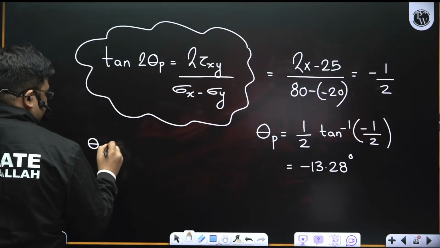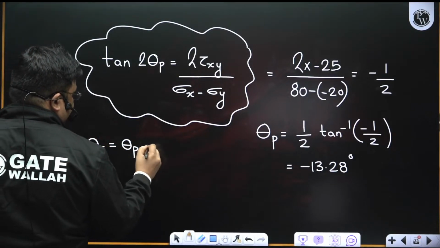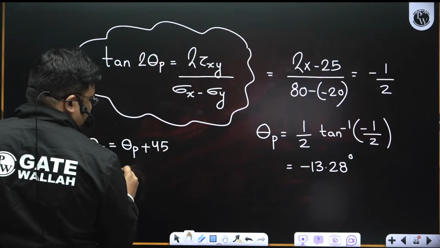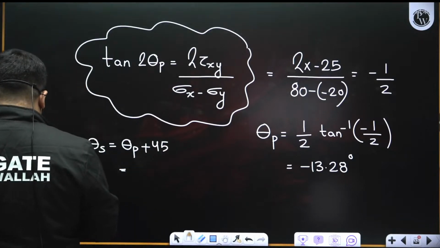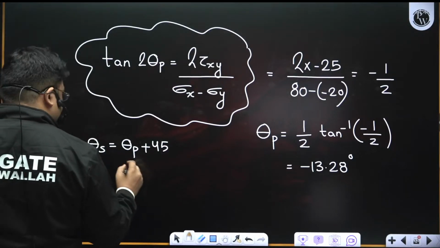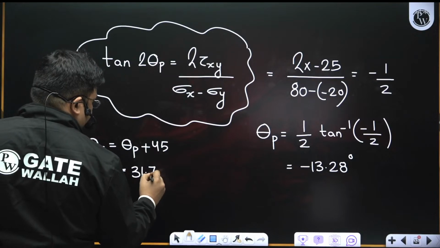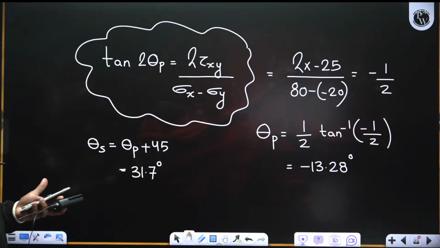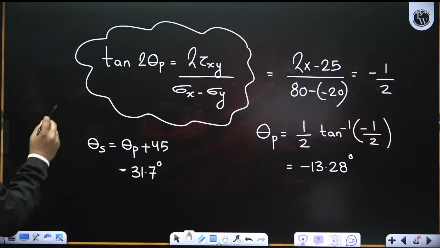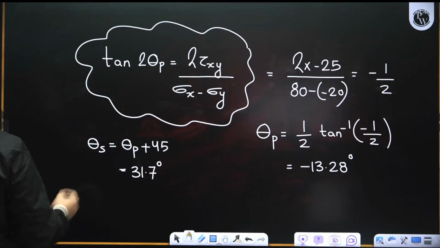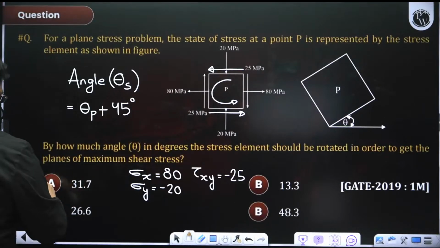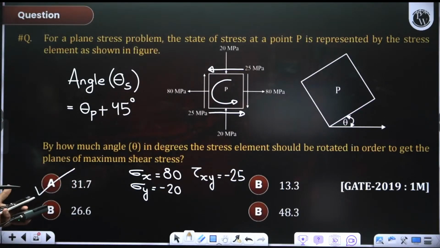What will be theta s? Theta p plus 45. I will just add 45. I am getting 31.7. So again, if you know this basic formula, as explained yesterday or in classes also, then you can easily solve this kind of questions.